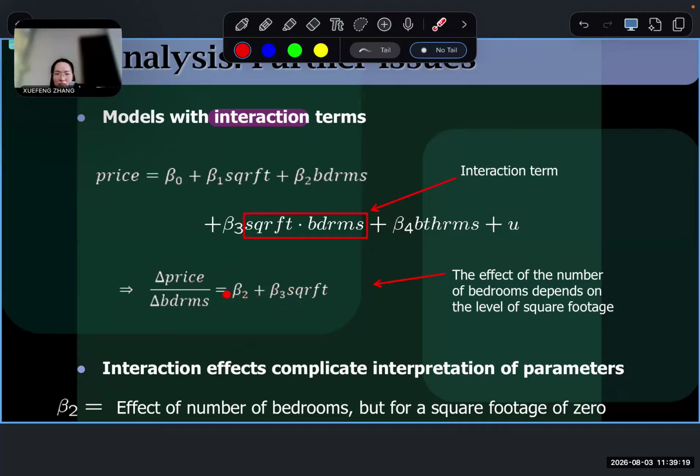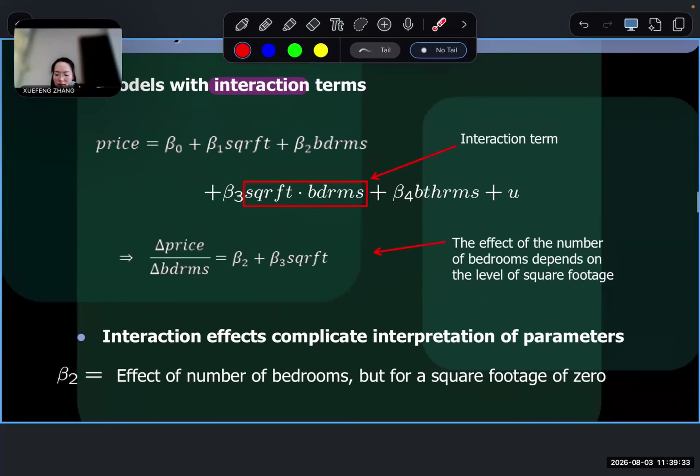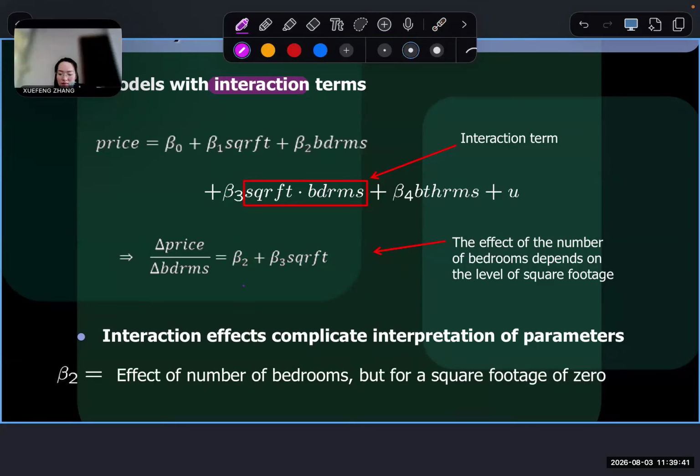So the effect of the number of bedrooms depends on the level of square footage, which is the size. The same idea as quadratics, okay? The effect isn't one fixed number.